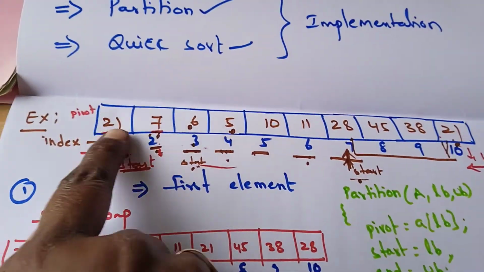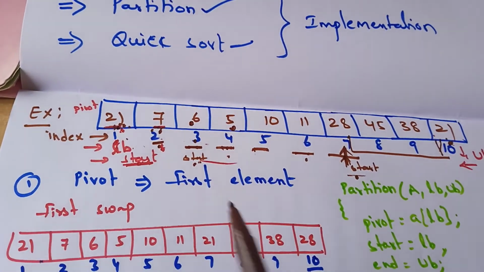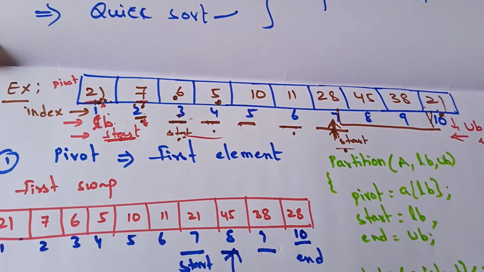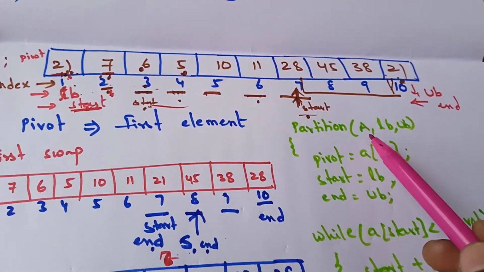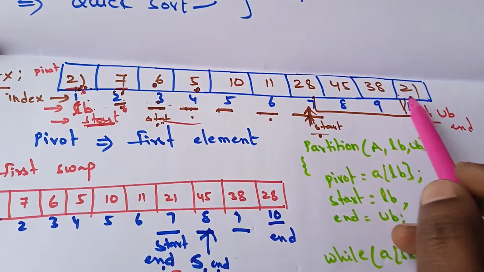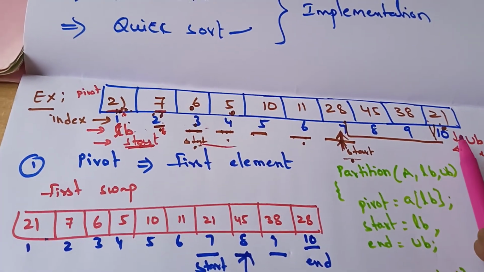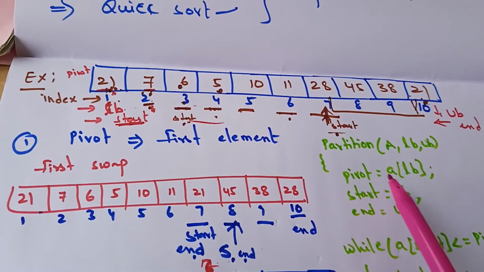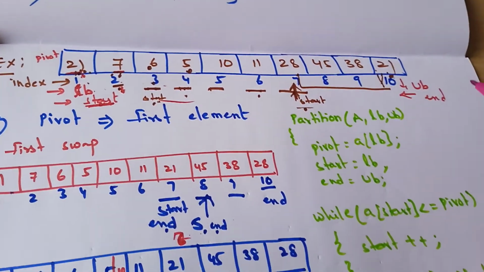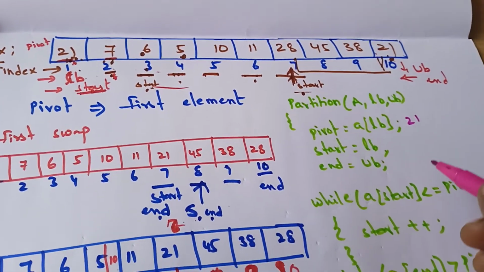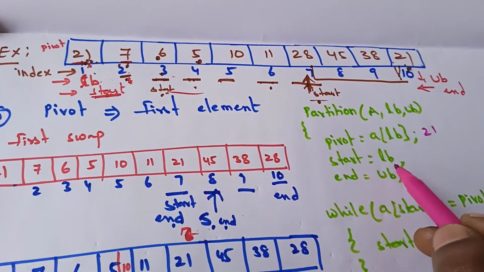So I have a list of elements. Now what I did, A is my array. Now this is my array. Lower bound is 1, upper bound is 10. Now the pivot element is equal to the lower bound, which is 21, my pivot element, first place. Start is the lower bound.